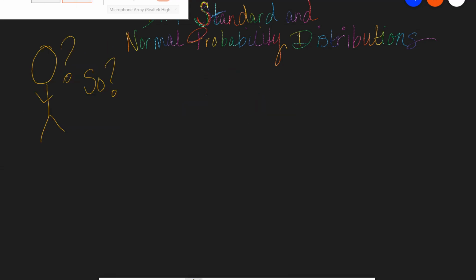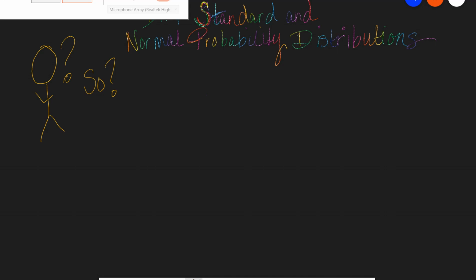So what then is a standard normal probability distribution? Well, this is just a little bit of a teaser, but a second ago I showed you different graphs of normal probability distributions that were very different because even though their means were the same, the standard deviations were different. That can make things kind of tricky sometimes.